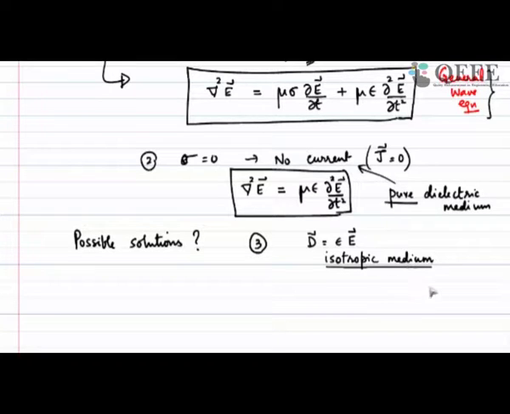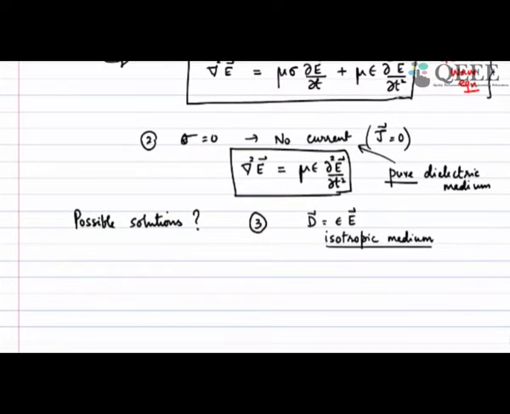Now the natural question is, what is an isotropic medium? The answer is, if it is an isotropic medium, your epsilon is a scalar. Now your epsilon is actually epsilon naught epsilon r.